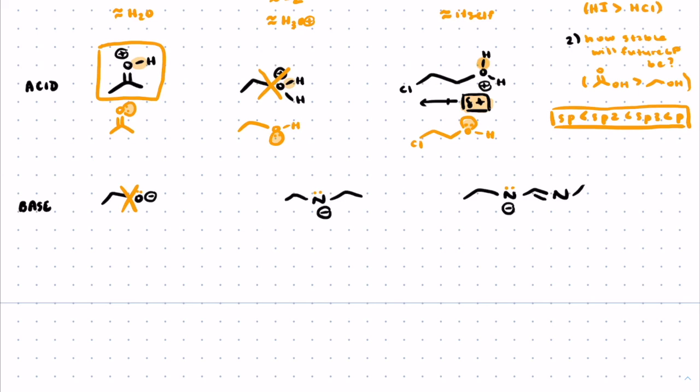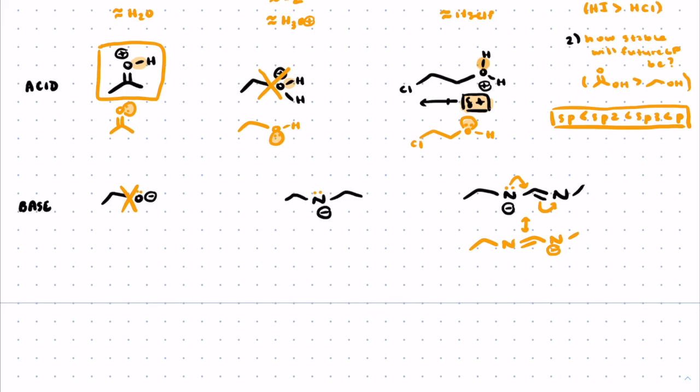And then our strongest base is going to be a comparison between these two. We have to remember that if a lone pair is high energy, it's more likely to react, more likely to act as a base. So when we have resonance like this, where we can share our negative charge over two different nitrogens, then that is going to stabilize that negative charge, which makes it a worse base than something with concentrated negative charge that's unable to be delocalized, unable to be spread out.